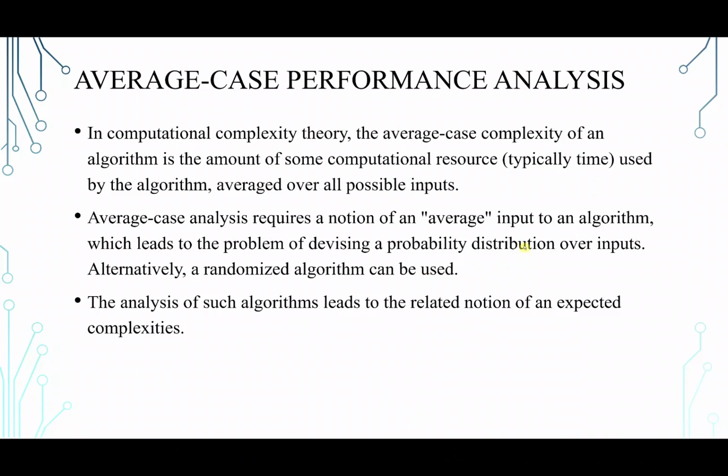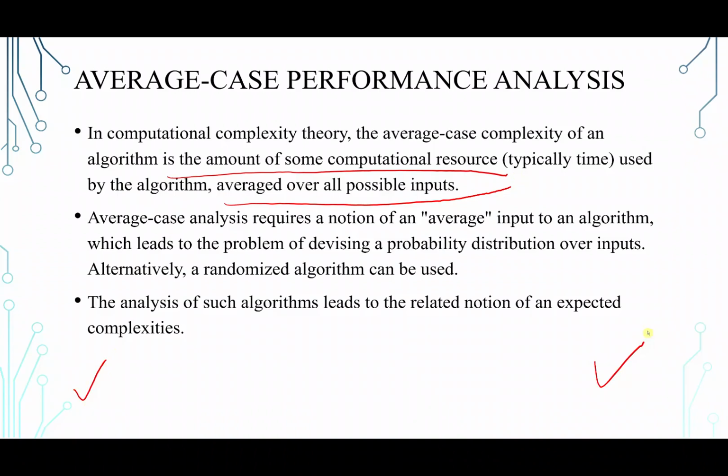Okay. So in computational complexity theory, the average case complexity of an algorithm is the amount of some computational resource used by the algorithm, averaged over all possible inputs. Trying to find it at the very beginning and trying to find it at the very end.